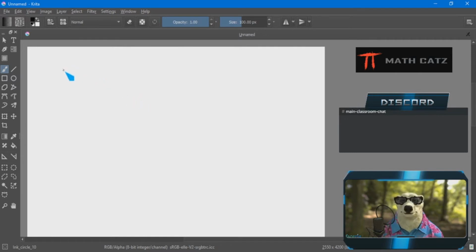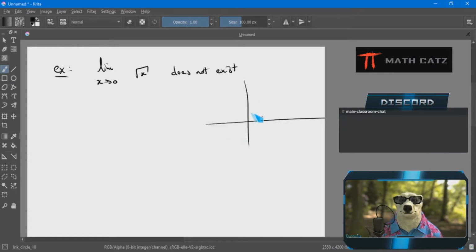Okay, so we talked about the limit as x approaches 0, for example, with the square root function, that it does not exist due to a technicality in the definition of this limit and what it means.